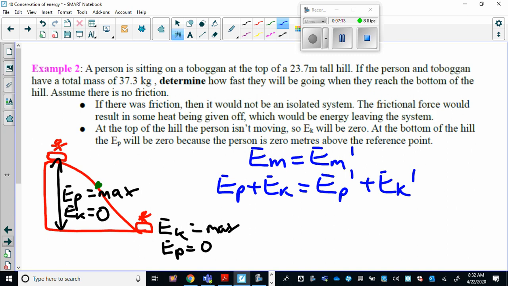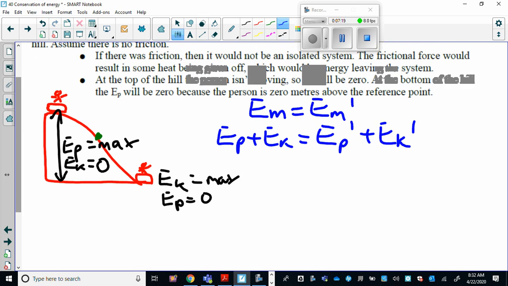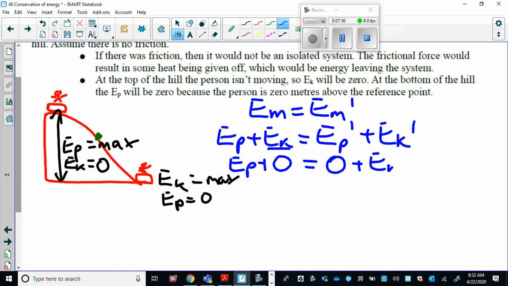And as you can see, because we've done this diagram and labeled some things, you can see what's going to happen. At the top of the hill, the EK is 0, so really this is just EP plus 0. And at the bottom of the hill, the EP becomes 0 because now you're on the ground, you have no height, and the EK is a max.